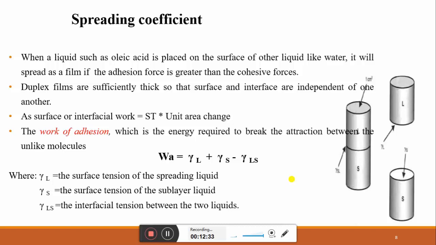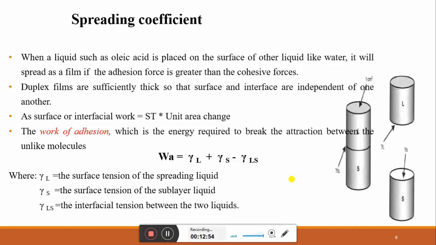That means if the force of attraction between oleic acid and water molecules is greater than the cohesive force between two oleic acid molecules, then it will spread as a duplex film.